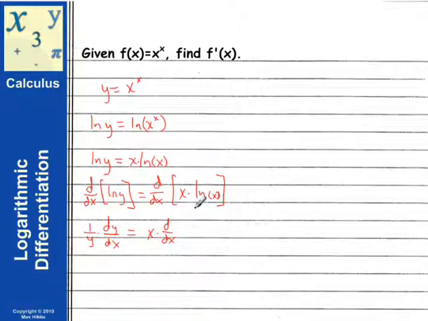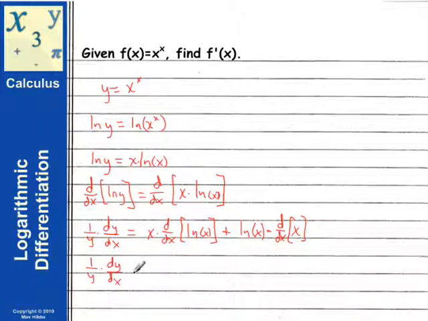So the product rule says first function times derivative of second function, and then we turn it around, plus second function, which is natural log of x, times derivative of the first function. And since the first function is x, it's the derivative of x. Well, of course, the left side is still 1 over y times dy dx.